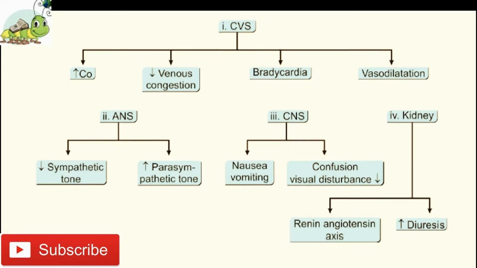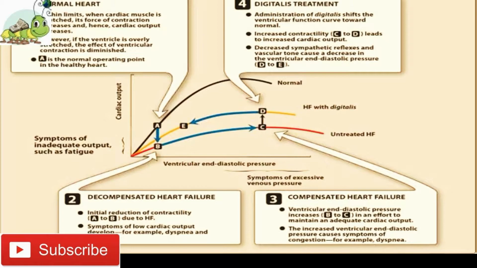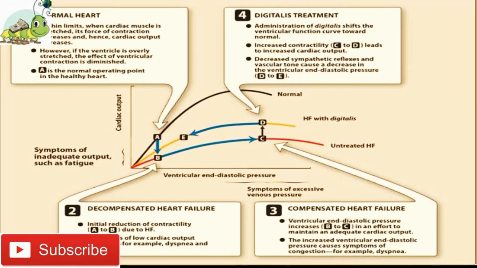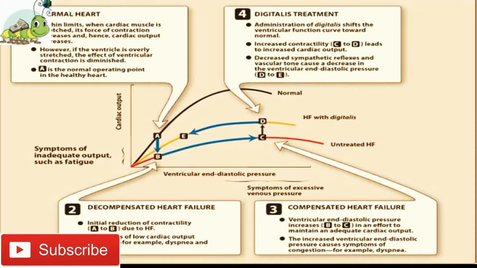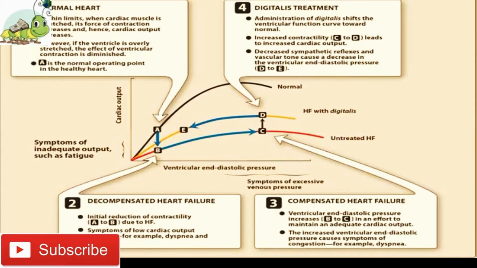Dobutamine, another inotropic agent, can be given intravenously in the hospital. But at present, no effective oral inotropic agents exist other than digoxin. Patients with mild to moderate HF will often respond to treatment with ACE inhibitors and diuretics, and they do not require digoxin.